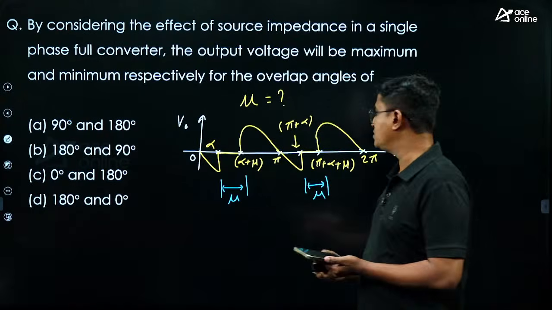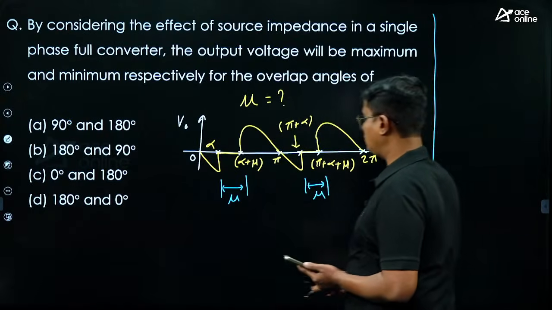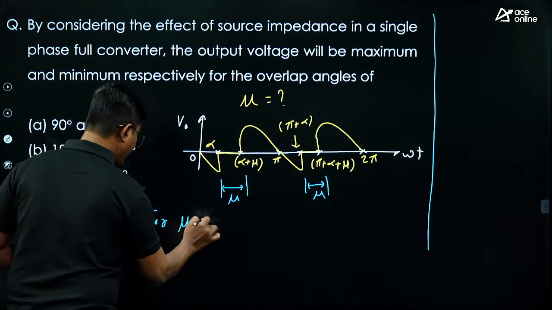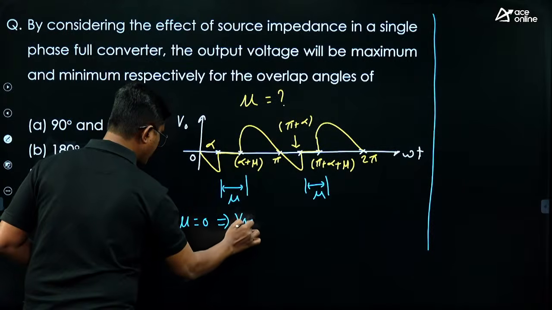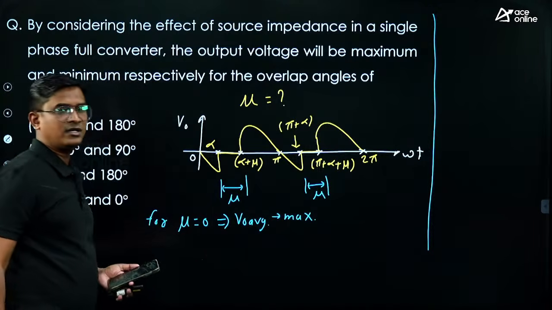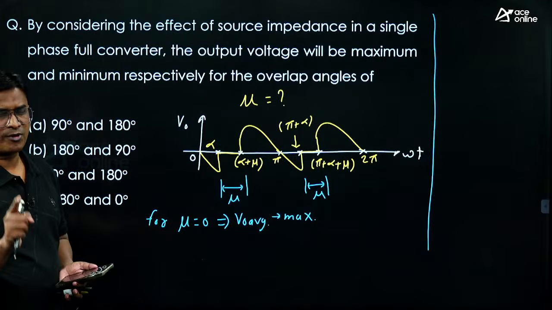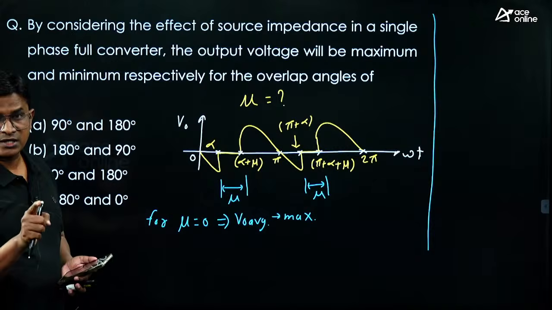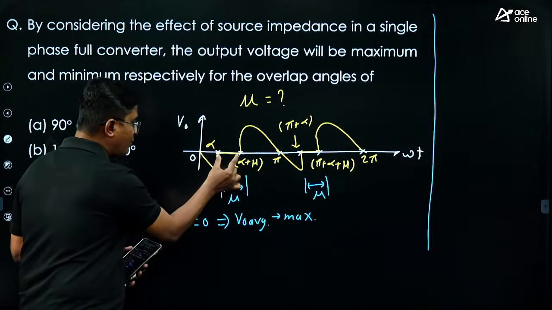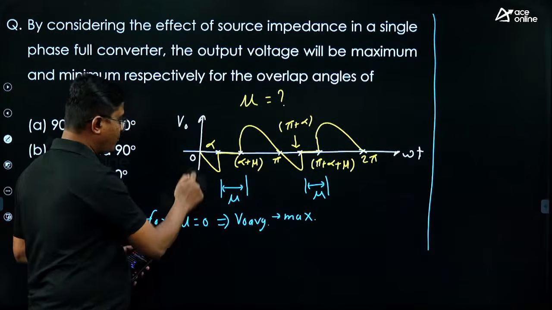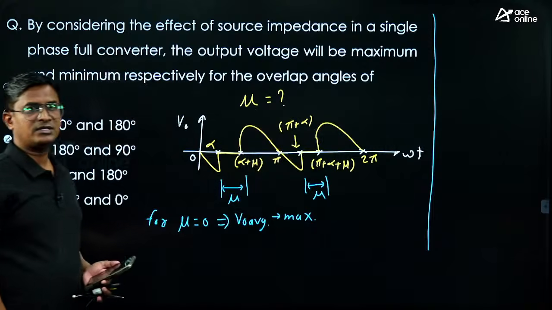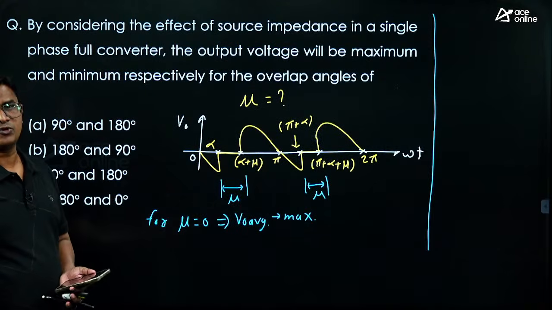For mu equal to 0, I am getting V0 average maximum, and that V0 average will be the same as the output voltage waveform of a single phase full converter without source inductance. If mu is 0, the zero interval is absent, so you get a negative pulse, then a positive pulse, a negative pulse, and again a positive pulse. In that case you get the maximum output voltage.